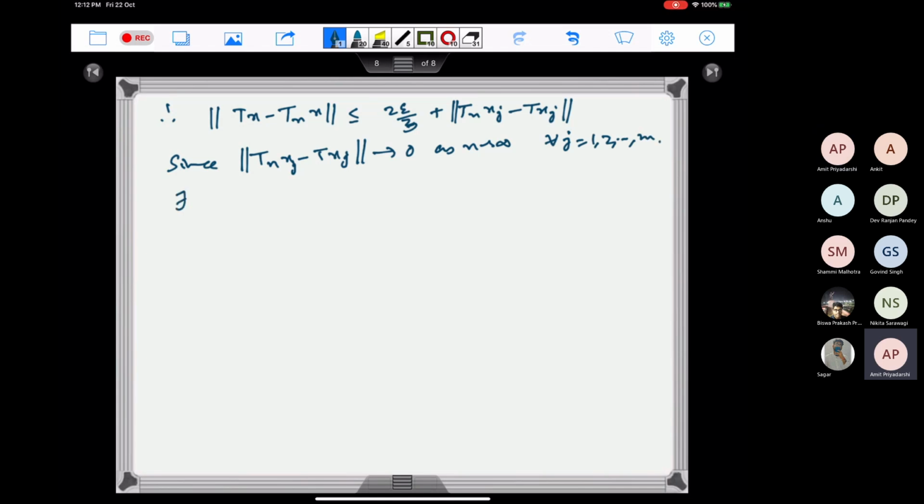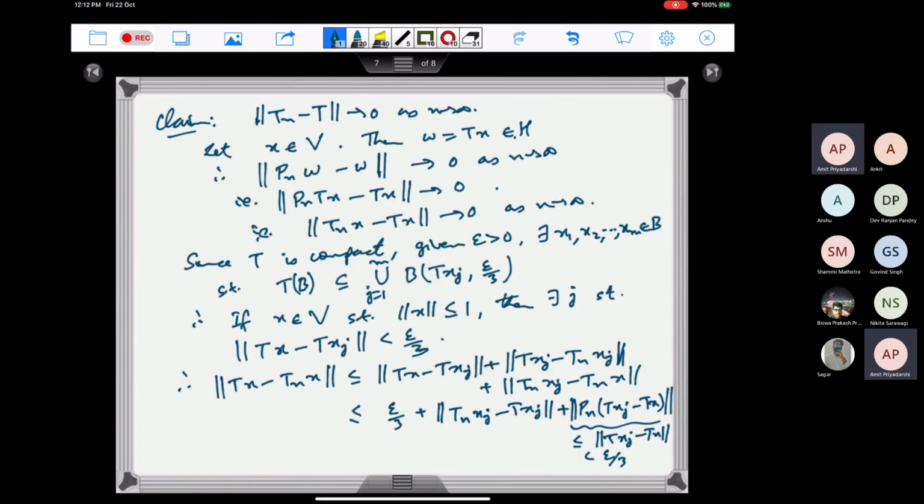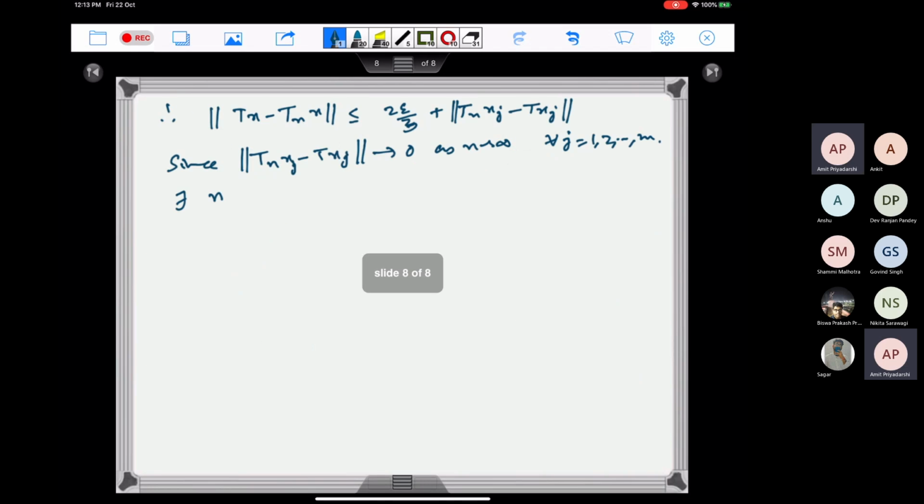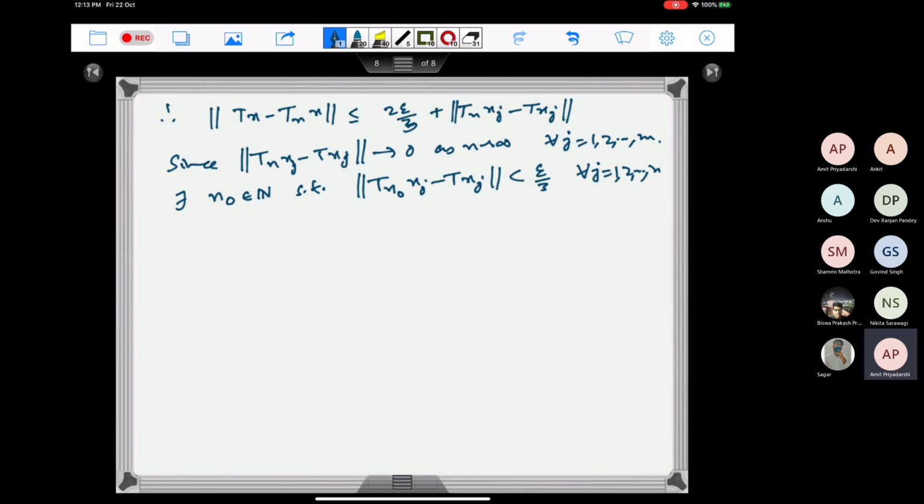There exists some n naught, we have not used n naught yet, such that the norm of T n naught of xj minus T of xj is less than epsilon by 3 for all j equal to 1 up to m. Here this n naught is independent of j, because for every j we can choose some number and then take the maximum of these. These are only finitely many, so we can do this.